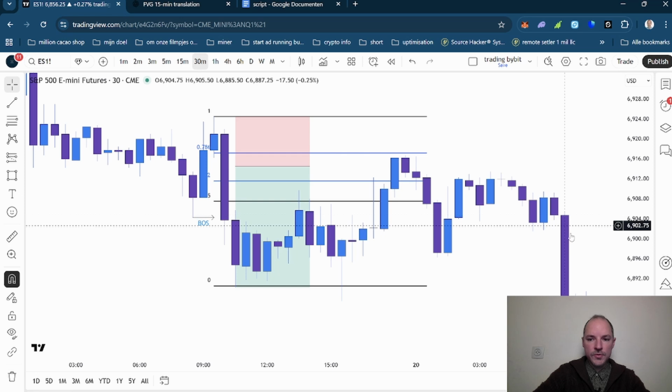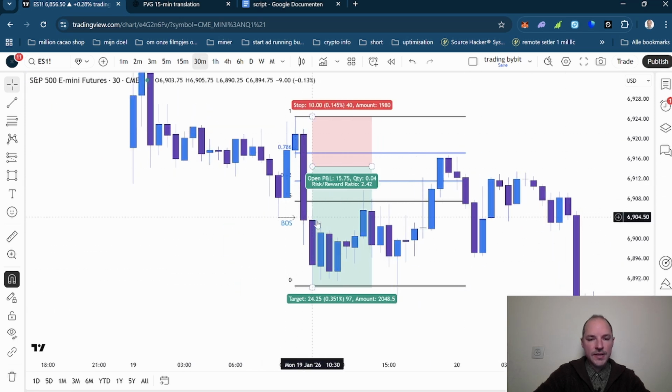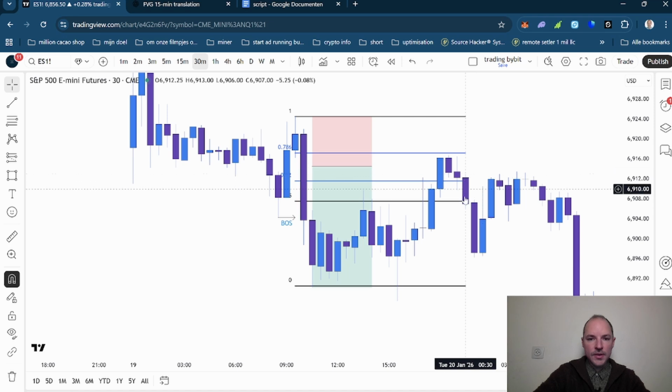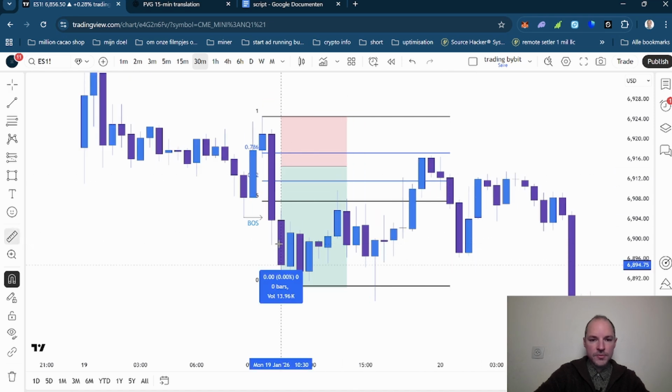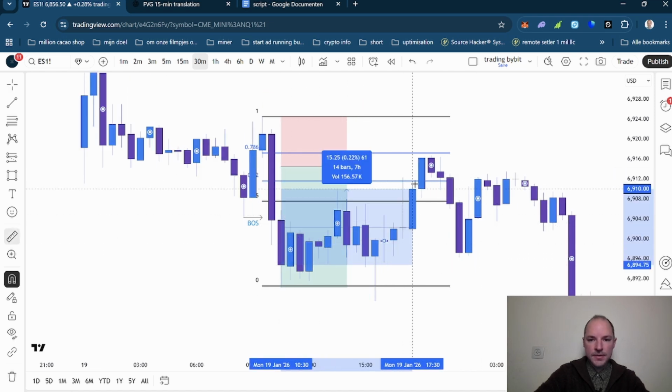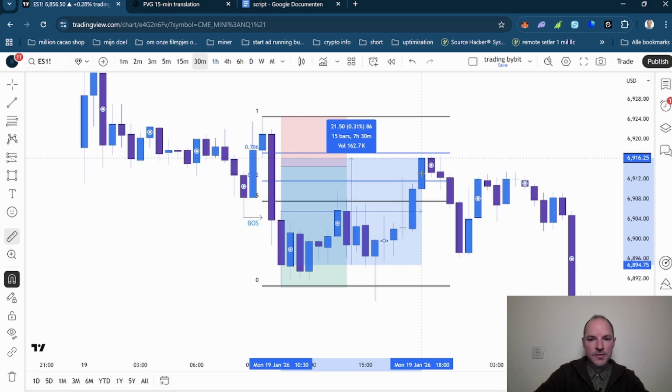And the market moved lower again. If the market continues in the trend that we are trading, you will have to have patience, because from that imbalance until we actually got triggered in our trade, it took 7 hours. So this takes a bit of patience before you can do anything.